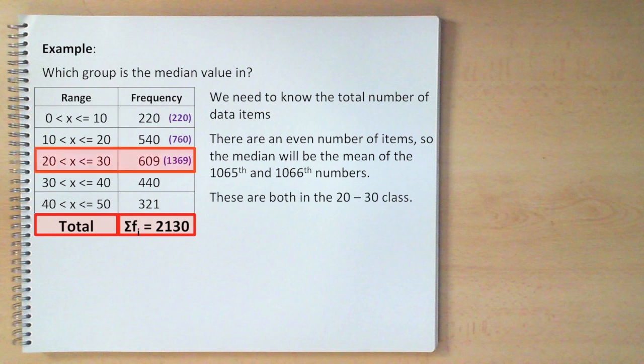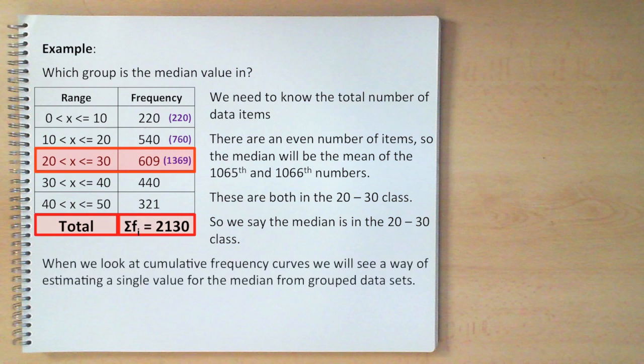So both the items we're looking for are in the 20 to 30 class. So we can say that the median of this data set is in the 20 to 30 class or group. You can use a cumulative frequency curve if you wish to find an exact value for the median, but in most cases we're only interested in which class it falls into.